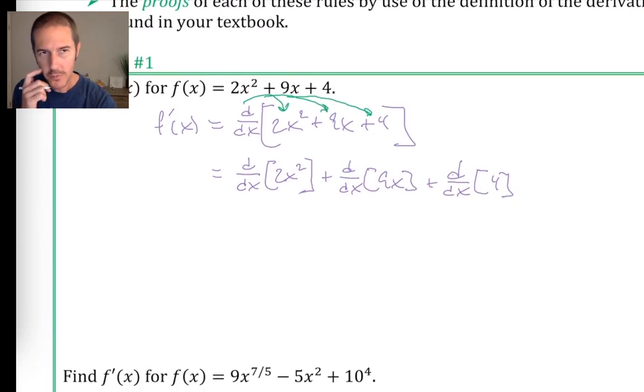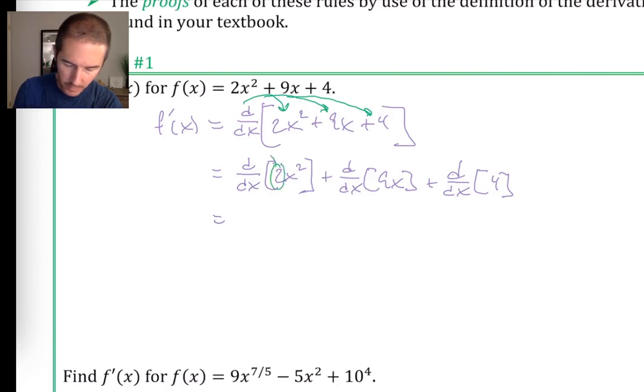So there we sort of distributed, and you can match that up to the properties that we just chatted about in the previous slides. Now, I'm going to factor out a couple of constant values. I'm going to take this 2 right here, and I'm going to factor it out in front of the derivative process. I'm going to do the same thing with this 9.